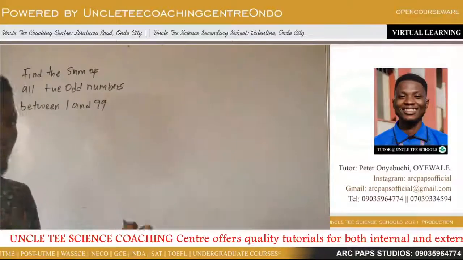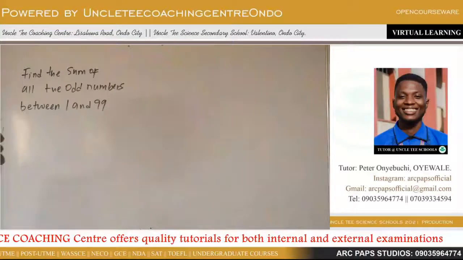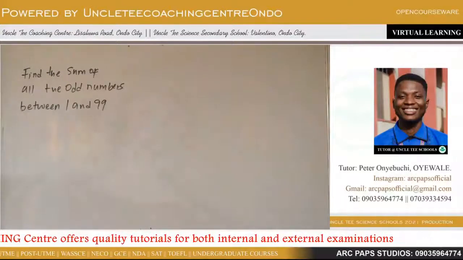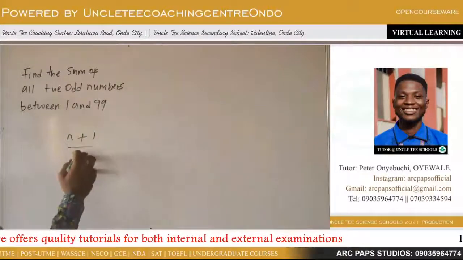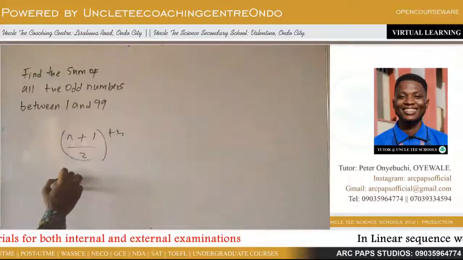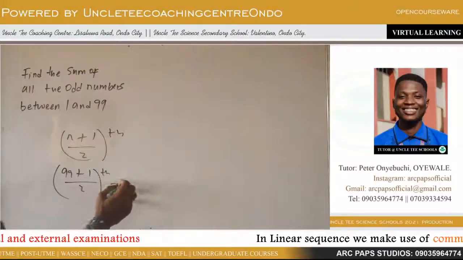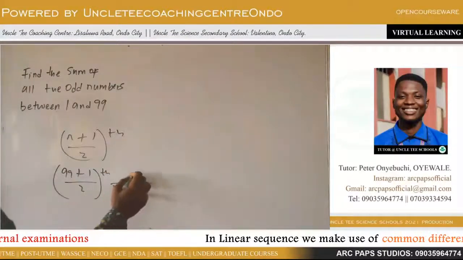This is a very simple question, and if you don't actually know the formula or the formulas to solve questions like this, you might have issues. To know how many odd numbers we are going to have, you use the formula n plus 1 over 2 for the position. So 99 plus 1 over 2, that is 100 over 2, which is 50.